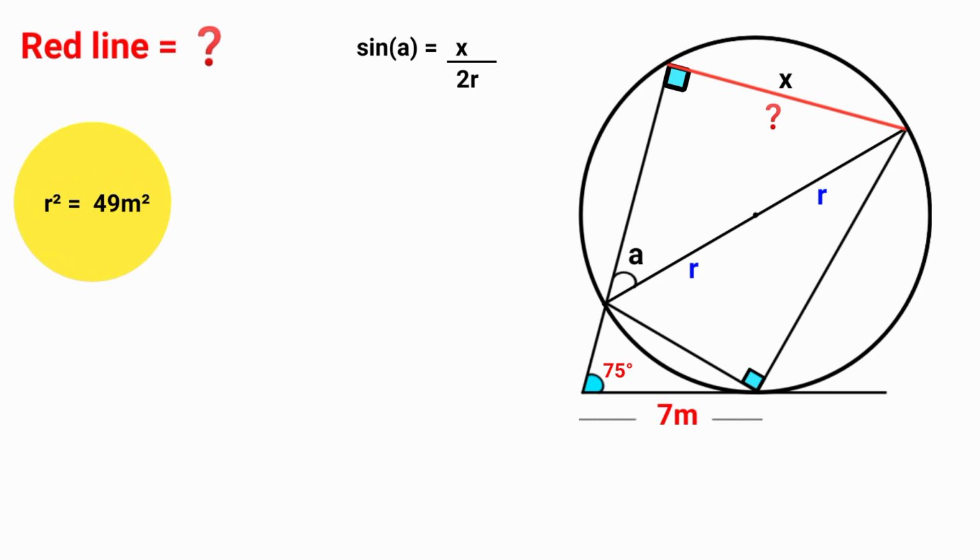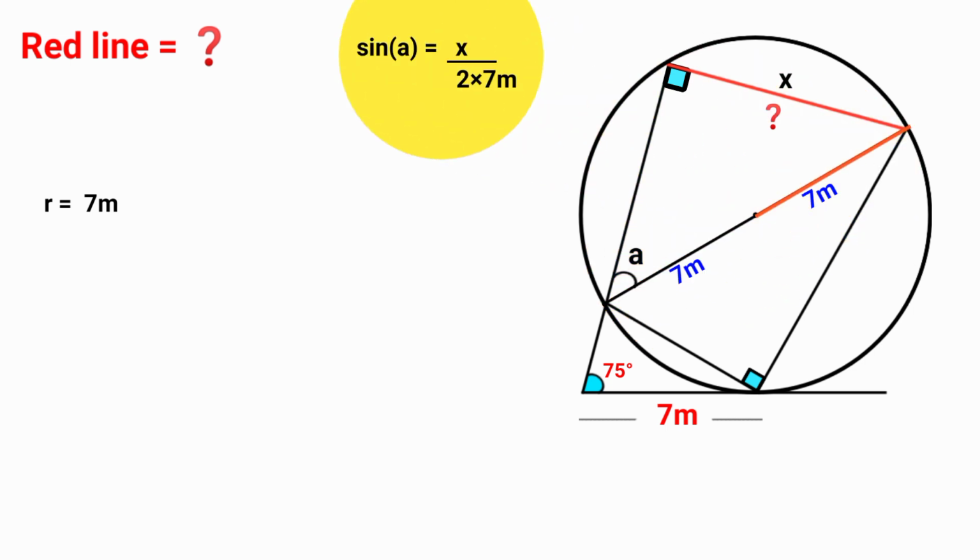So r squared equal to 49 meters squared. Take the square root of both sides. Here square root of r squared is r, while here square root of 49 meters squared is 7 meters. So r equal to 7 meters. That is, this radius and this are 7 meters each.